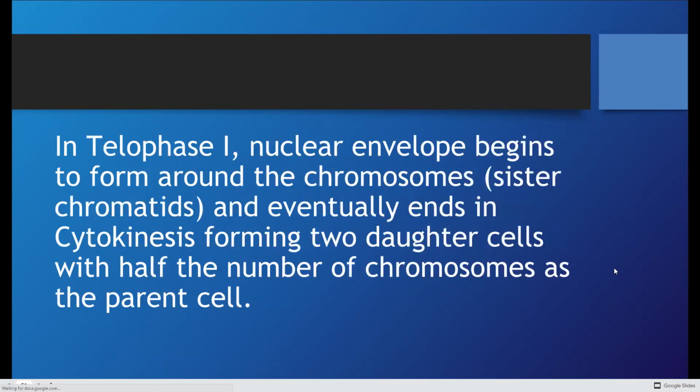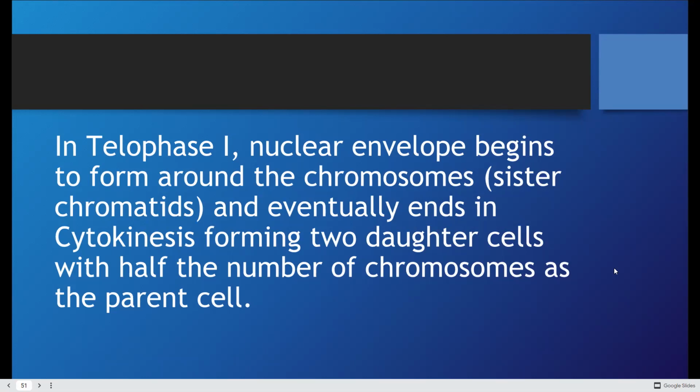Okay. In telophase 1, the fourth phase in meiosis 1, the nuclear envelope begins to form around the chromosomes, sister chromatids, and it eventually ends in cytokinesis, forming two daughter cells with half the number of chromosomes as the parent cell.